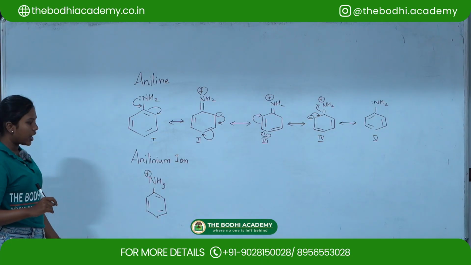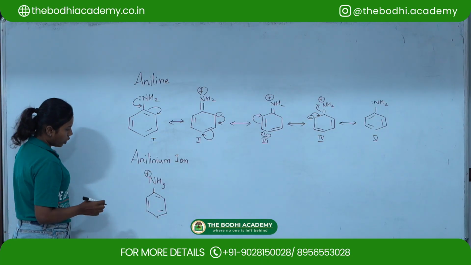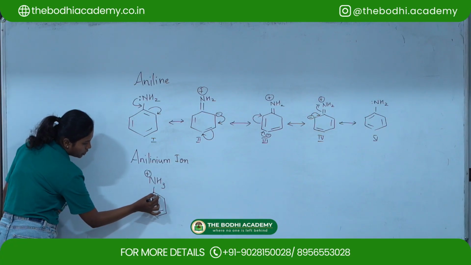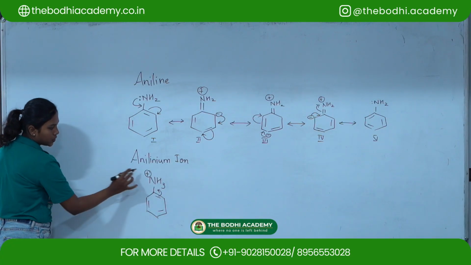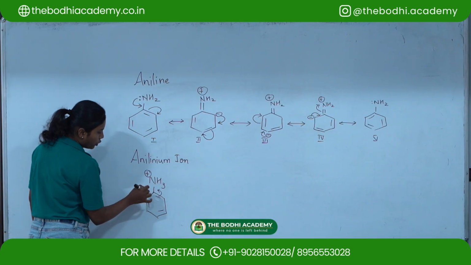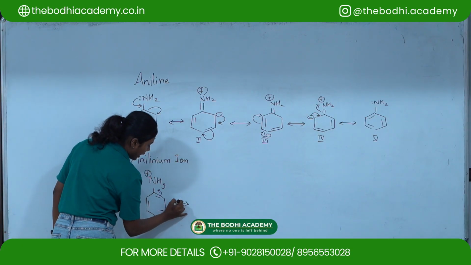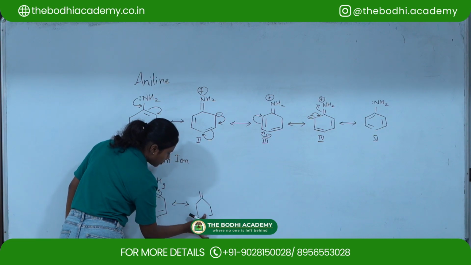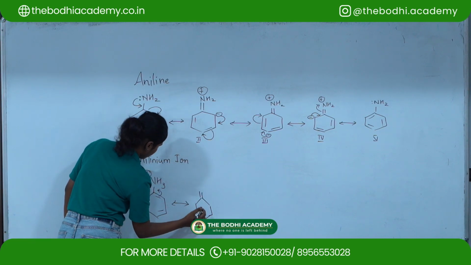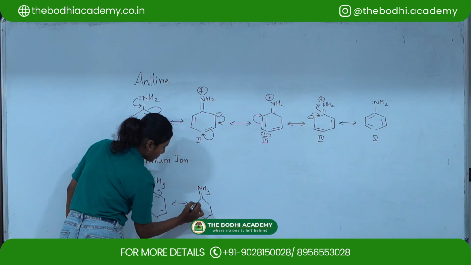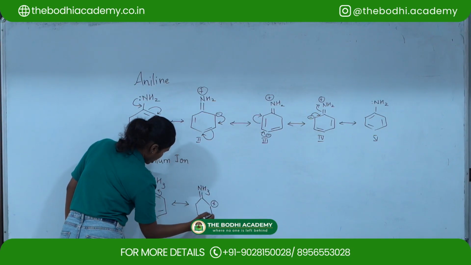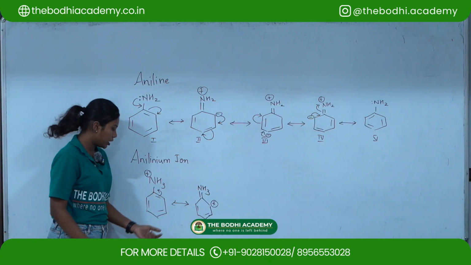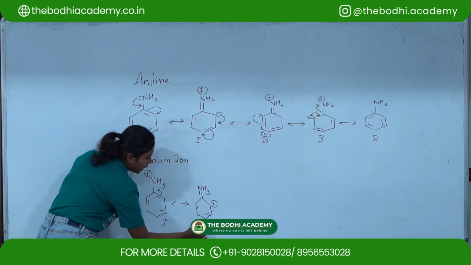Now if we try the same thing in the anilinium ion, the corresponding bond will move here because this is electron deficient. To fulfill that, this bond will move here and we will get a double bond, this is NH3, and there will be a positive charge over here. In this case, there are only possibly 2 resonating structures.